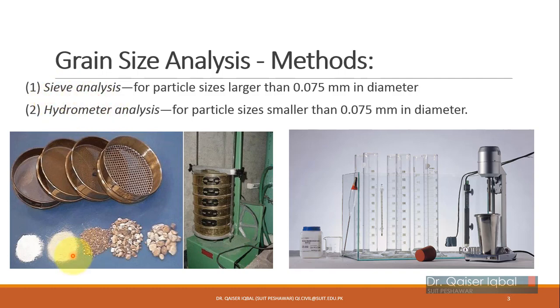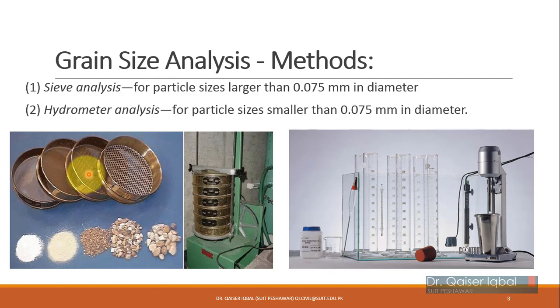Firstly, sieve analysis. In sieve analysis, we use different sieves, which you can see over here. There are various sieves which you may have seen. You sometimes use them in your household to sieve the flour as well.